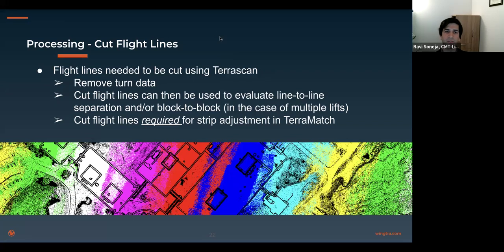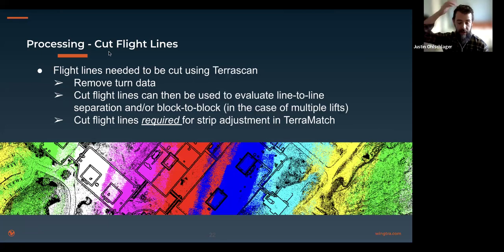Justin did all the processing on this one, so I'll let him continue. Yeah, like Ravi said, the pre-processing was in PC Master Pro, and from there we move everything into a MicroStation TerraSolid environment where we use TerraScan and TerraMatch to find tie lines, run any strip adjustments we need to, and look at the line-to-line adjustments.